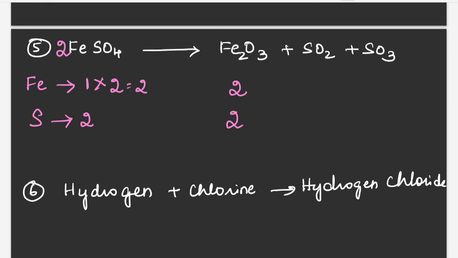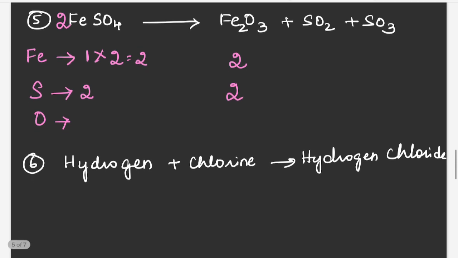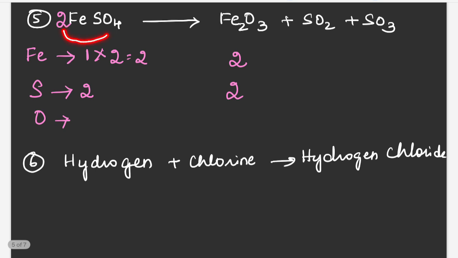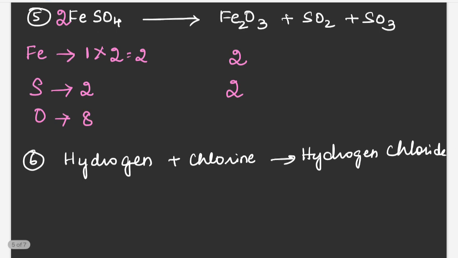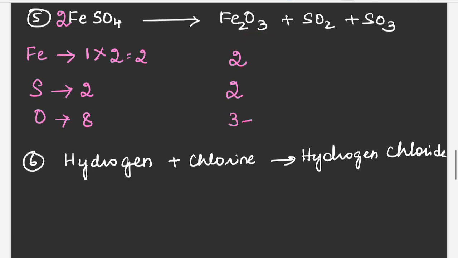Then what is next? Next we have oxygen. So check now how many oxygen atoms are present. Here 4 2s are 8, so there are 8 oxygen atoms. I'll write here 8. On the other side you check how many are there. Here you can see there are 3 oxygen atoms, plus here you can see 2 are there, plus 3.